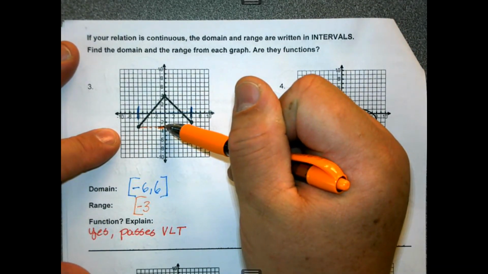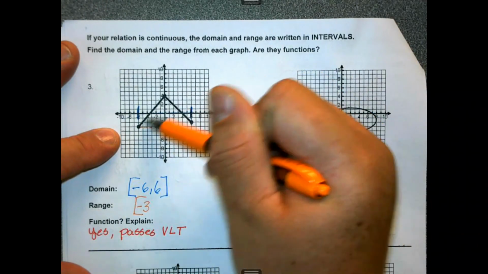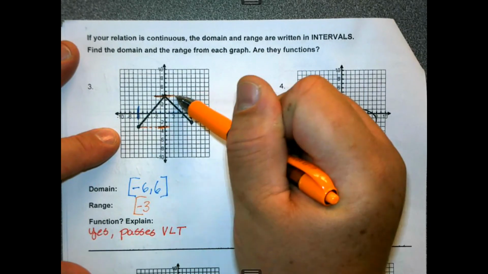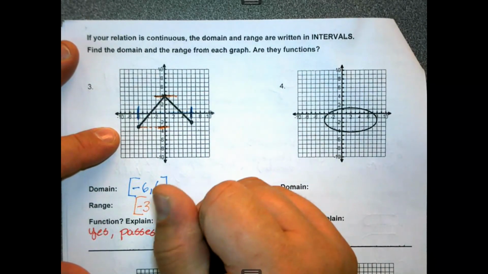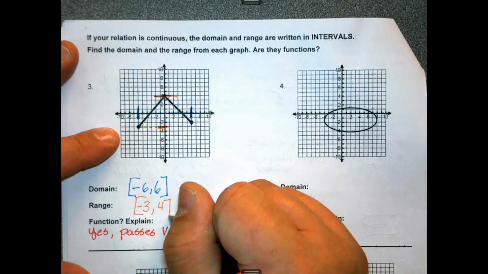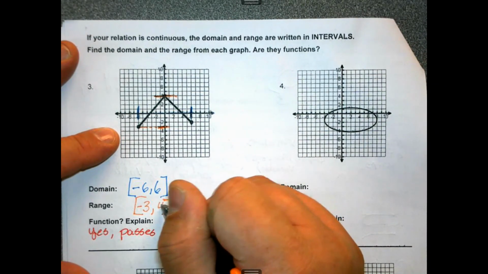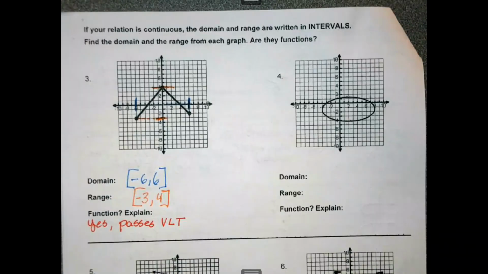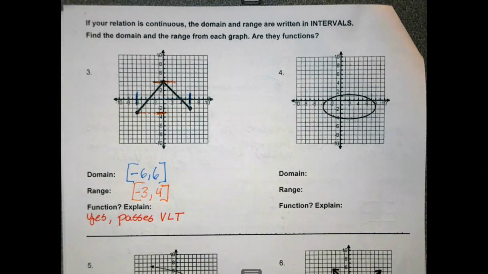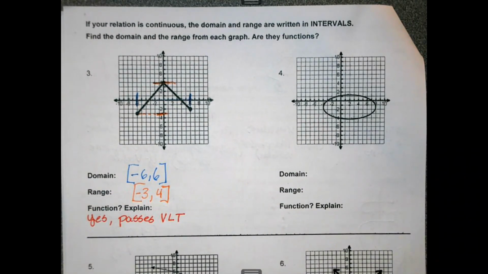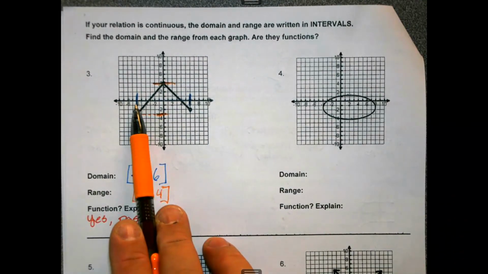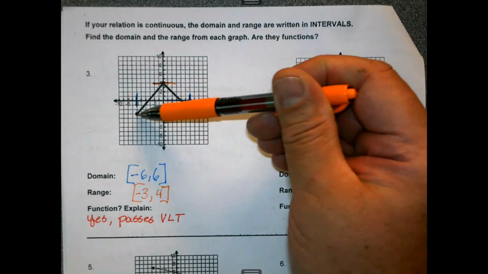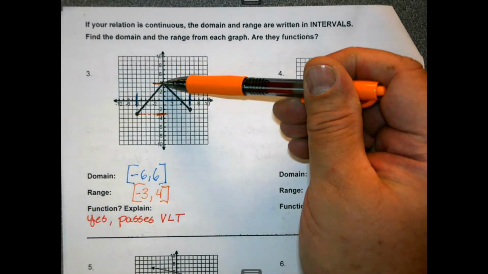Then I'm going to look for the highest y value of my graph, which happens to be right here, which is 4. Includes that 4, so I'm going to use a bracket. So it's a function. My domain goes, my x values, from -6 to +6. My range is going to go from -3 to +4.